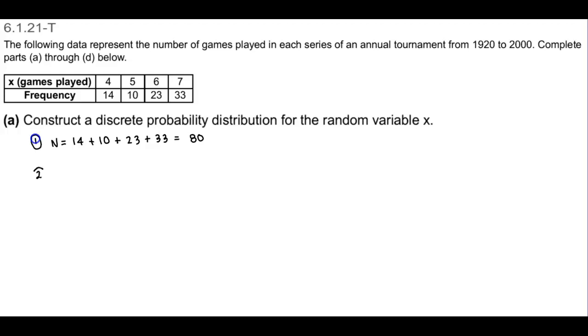In order to find the probability of 4, we take the frequency of 14 and divide that by 80. Well, 14 divided by 80 gives us 0.175.